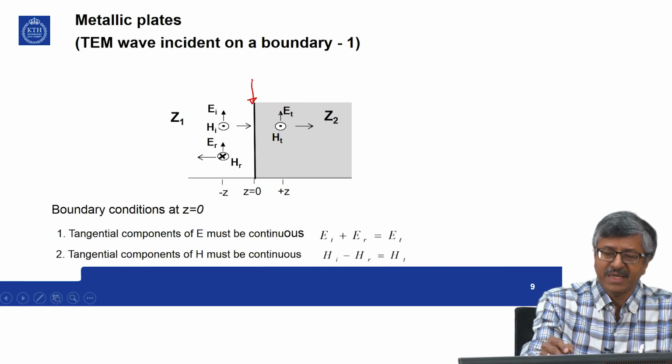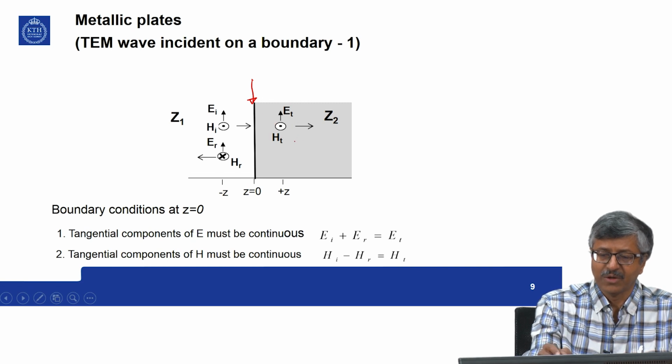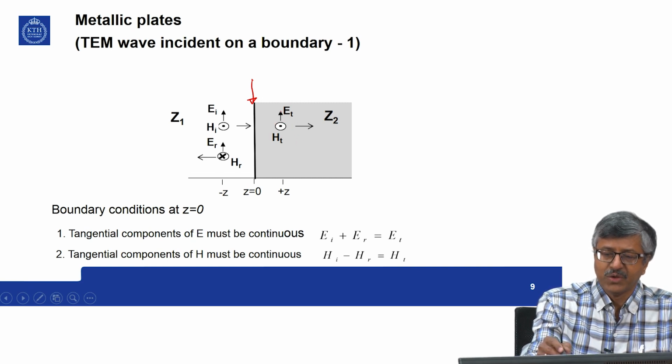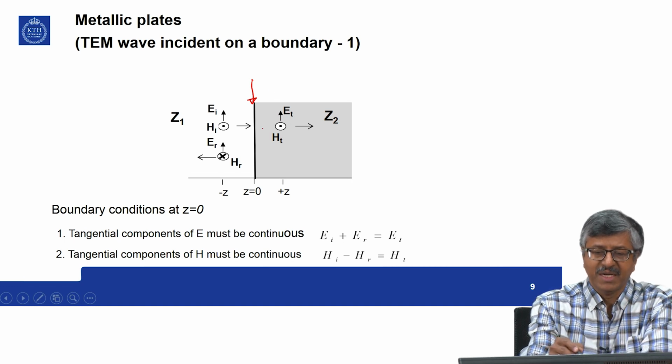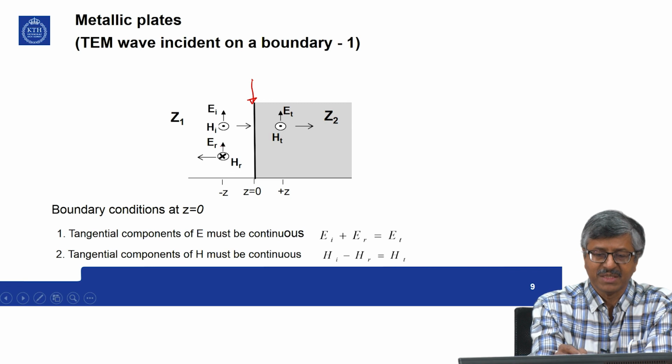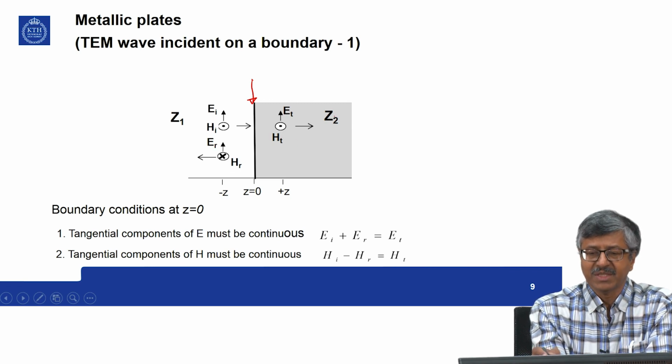Then inside this enclosure, we assume a certain direction for ET. T means transmitted, I means incident, R means reflected. So, this has got an impedance Z2.